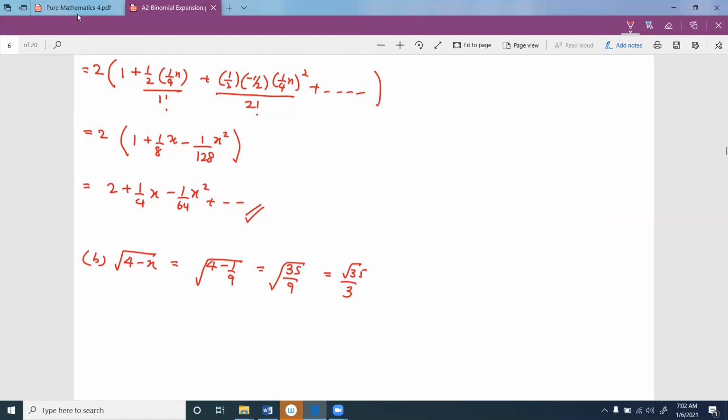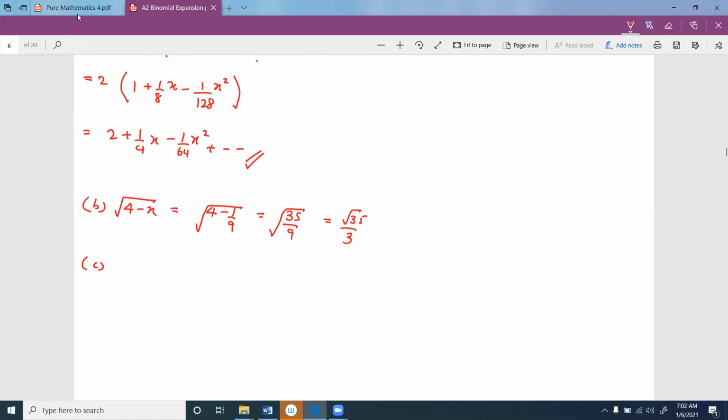That is the logic we use with it. So C, we know that the square root of 4 minus x equals 2 plus 1 over 4x minus 1 over 64 x to the power 2. Then you substitute 1 over 9 into this.